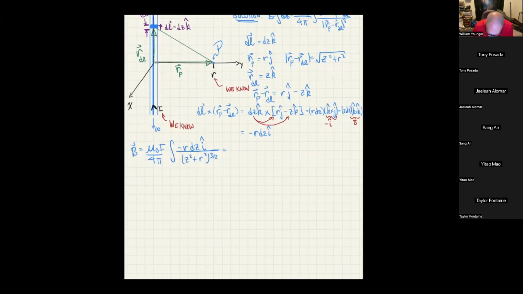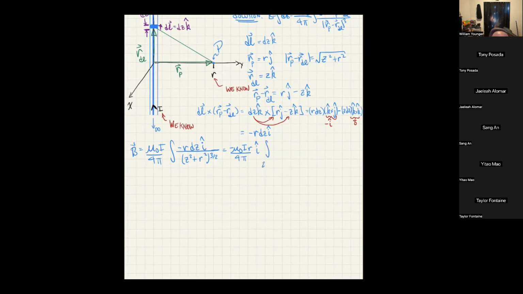So what I'm going to do is pull the negative, the mu 0, I, and the r out in front, and the I hat as well. And then under that, I'm going to have 4 pi. And now I'm going to take the integral.